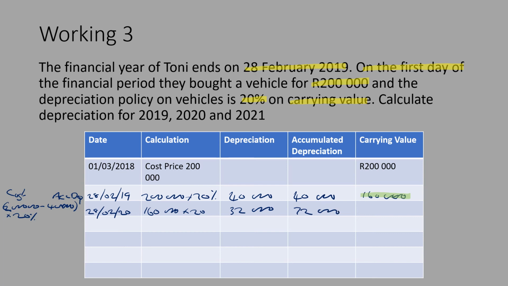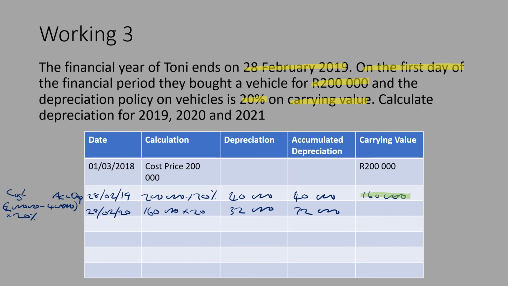Then when you get to this, you can have different ways of calculating your carrying value. Even in the previous question, you can say carrying value minus depreciation, you still get your current carrying value, that is if you are given the previous one.